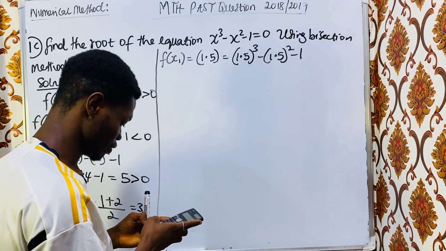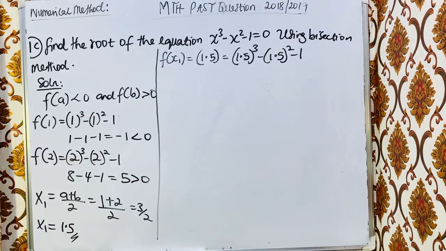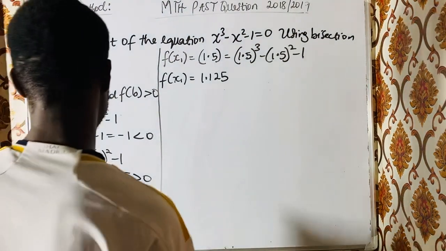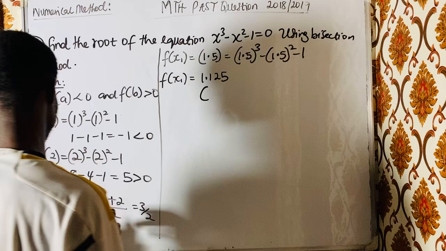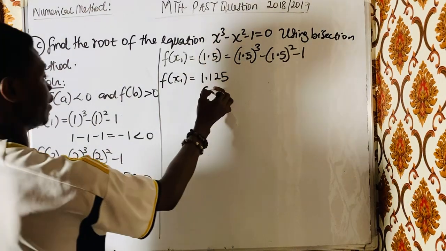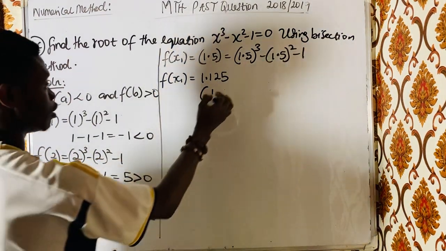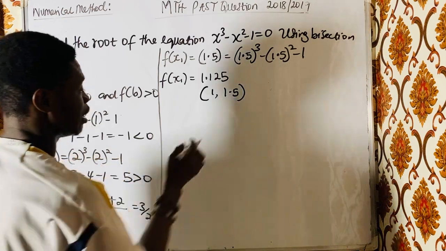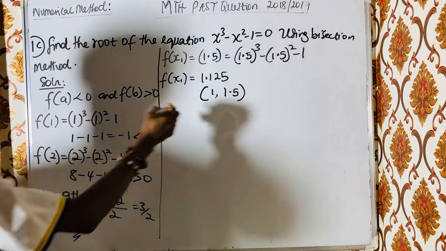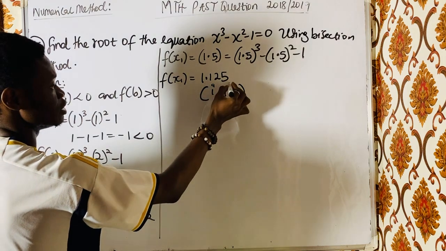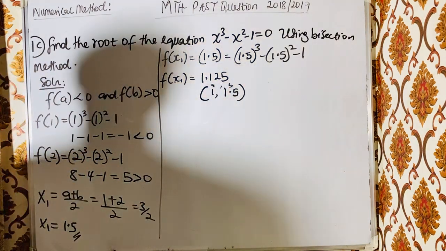If you do it well, our interval for x2 will still be 1 and 1.5. Remember, our aim is one that gives us negative and one that gives us positive. So this place is a, and this place is b.